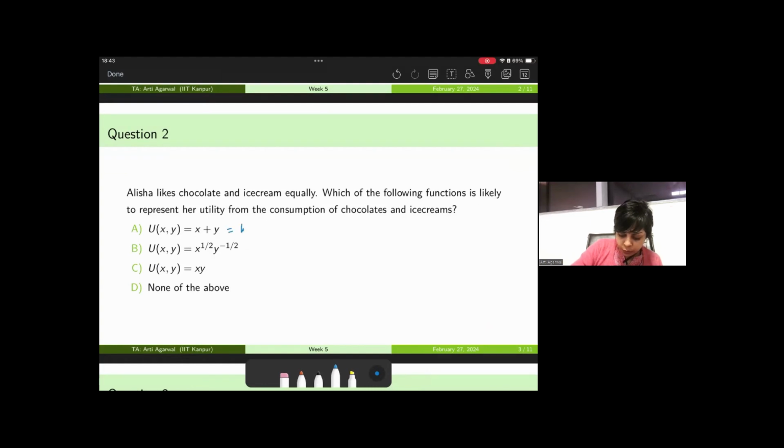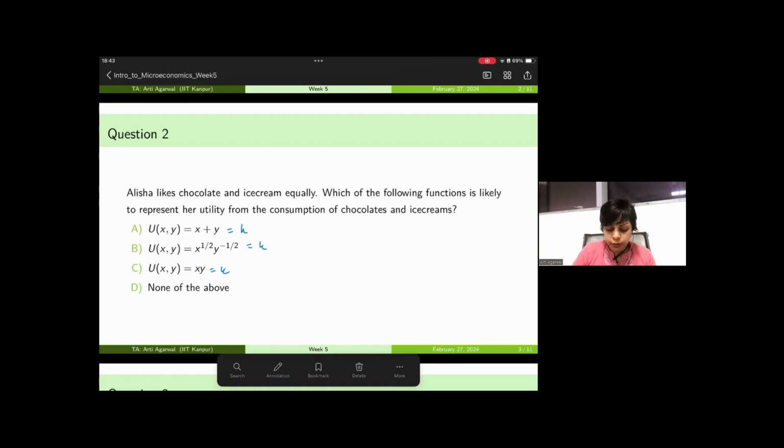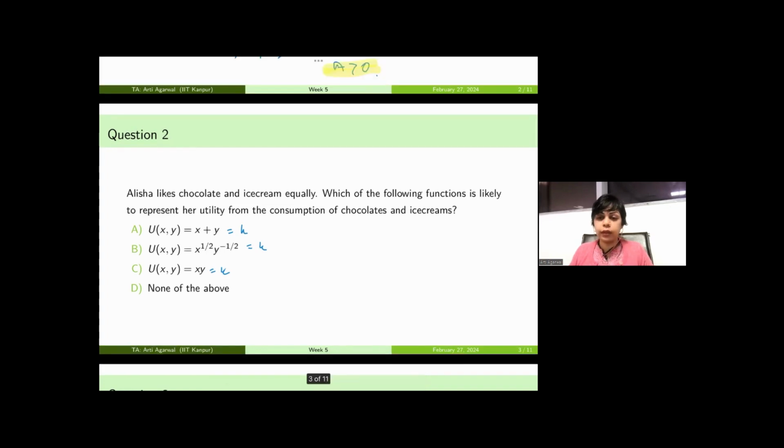If you take this as equal to constant k, that is the equation we're looking at. So this equation x plus y equal to k, or x under root x over y equal to k, or xy equal to k, is the equation of the indifference curve, where the value of k is different for each curve. So that is how you can read a utility function and map it to indifference curves.